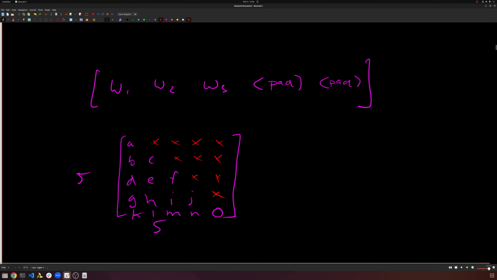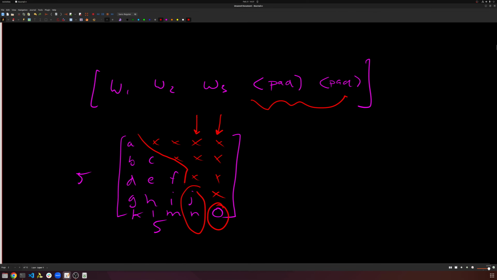Everything in this top right triangle should be zeroed out, except one thing. This token here and this token here are columns that refer to these pad tokens, which means these values here should be masked out as well. So we're really just left with this trapezoid piece of data.